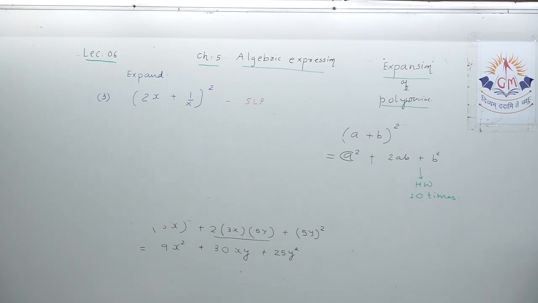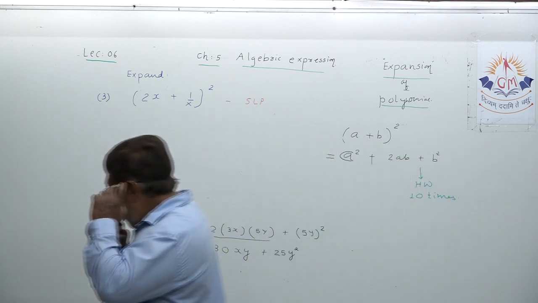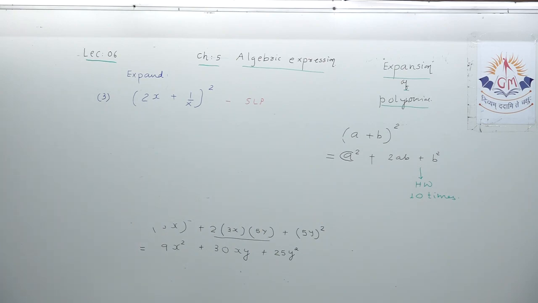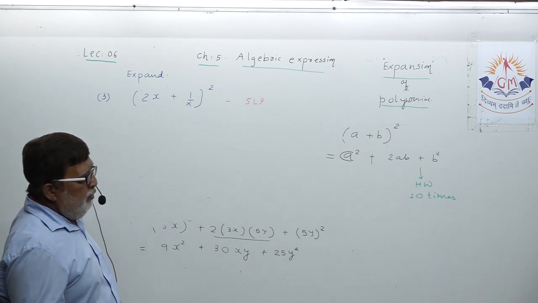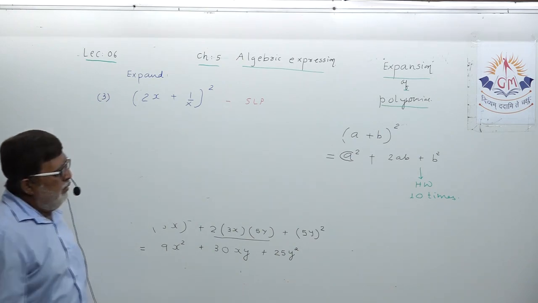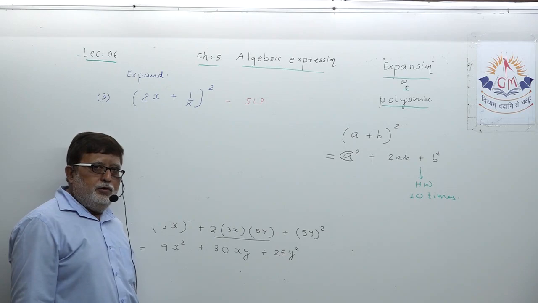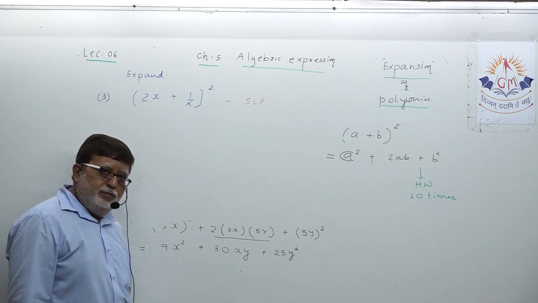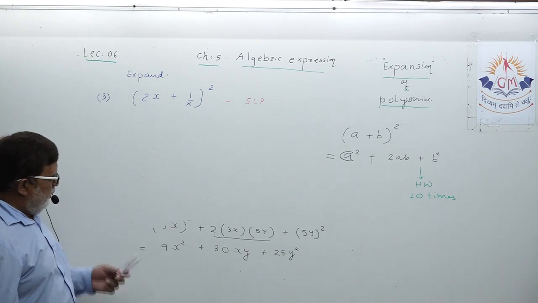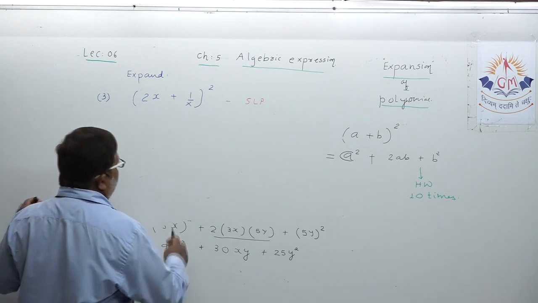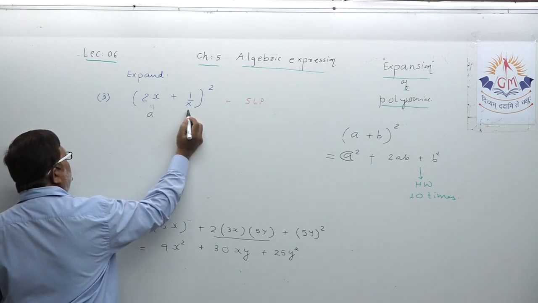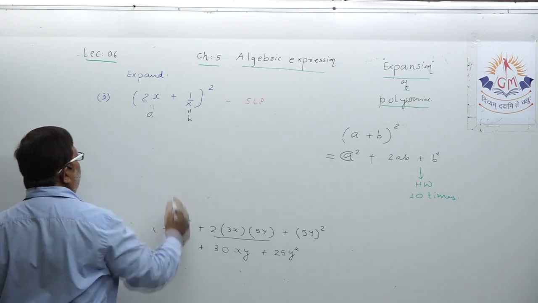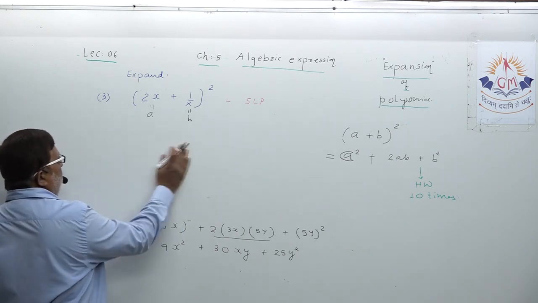Just it's a question of remembering what is A and what is B, and just substituting the values in the format. Nothing more to be done. Understand? You just have to think what is A and what is B. A means you must have taken 2x as A, okay? And you must have taken 1 upon x as B. So I am continuing.